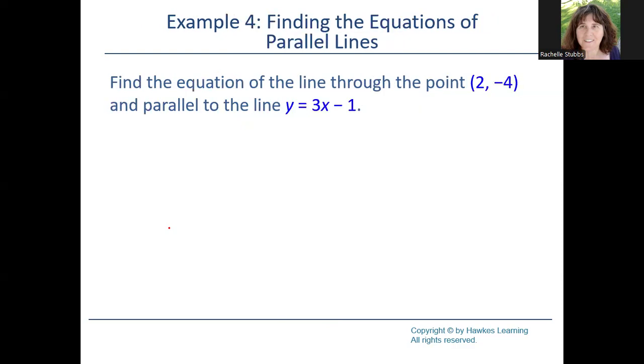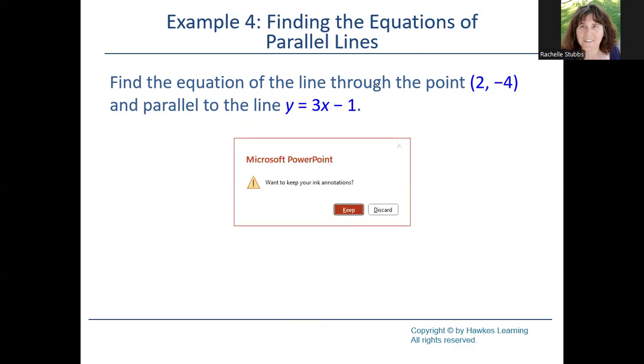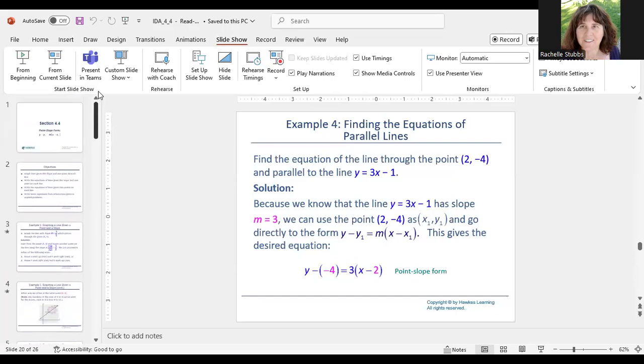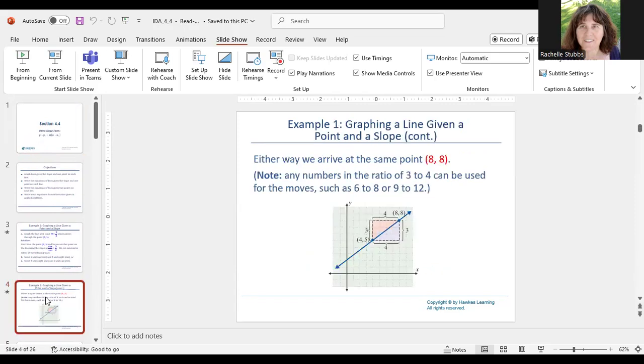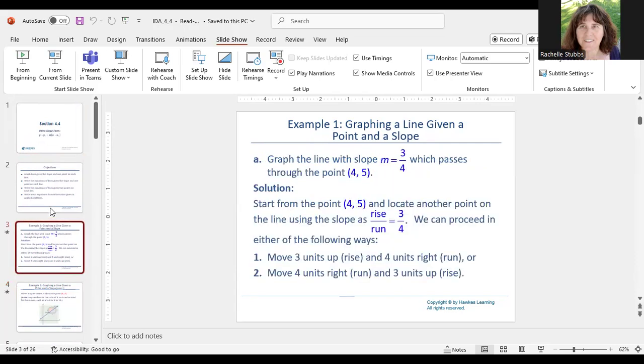So here we go. We're going to find the equation of the line through the points 2 and a negative 4 and parallel to the line y equals 3x minus 1. Now, if lines are parallel, I want to go back to something we said a long time ago. I think it was in the chapter before.